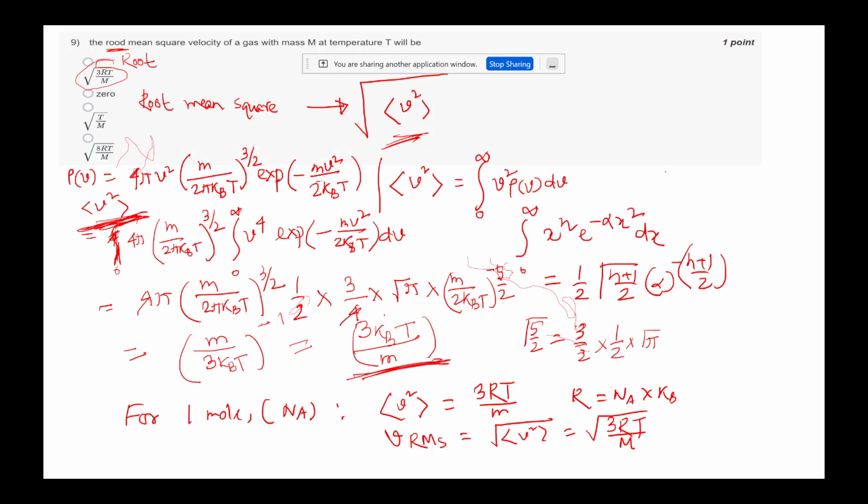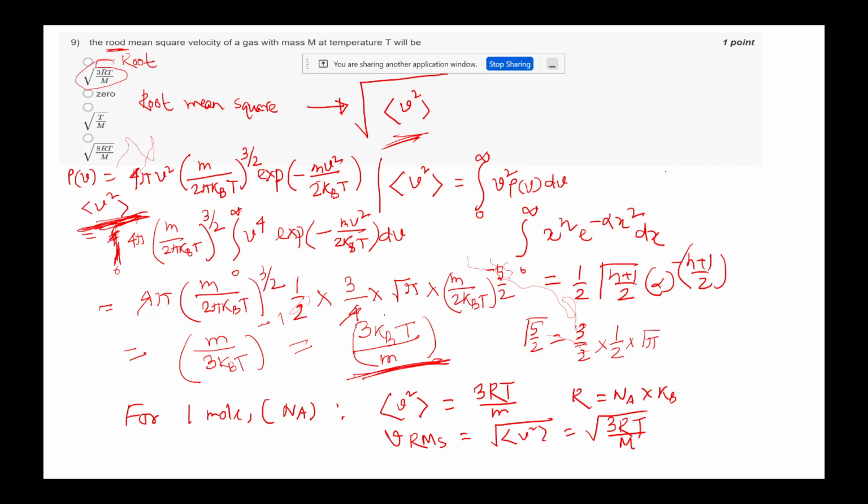So I want you guys to look into these solutions and tell me one thing. This solution is hectic, right? It's quite laborious, tedious. You have to do a lot of calculations, a lot of integrations, right? Tedious.